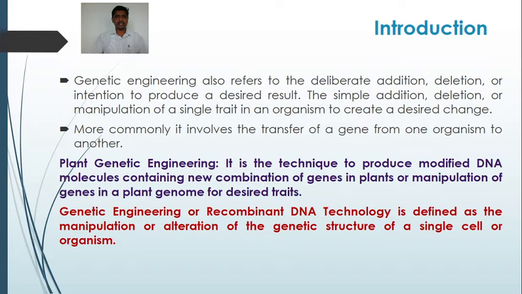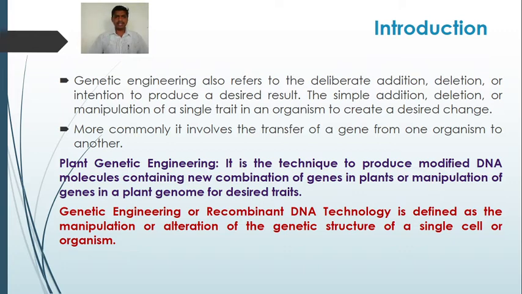More commonly, it involves the transfer of a gene from one organism to another. Plant genetic engineering is the technique to produce modified DNA molecules containing new combinations of genes in plants.